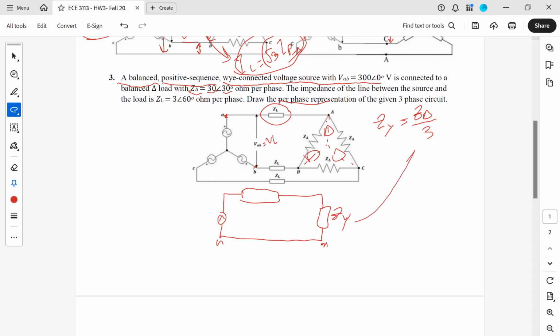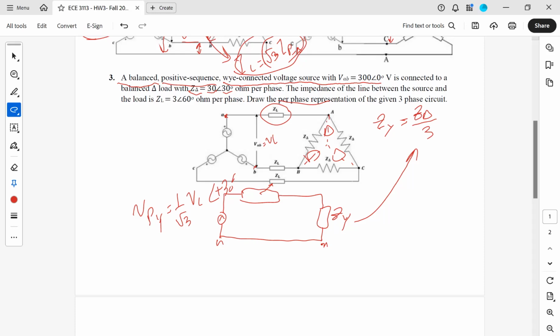Now, we calculated already the ZY. The ZL would not change, so it's going to be the same. But the voltage of each phase, we don't have that. We only have the line voltage, but we also already know that in a star connection, the phase voltage is going to be 1 over the square root of 3 times the voltage of the line, plus a 30-degree phase shift.